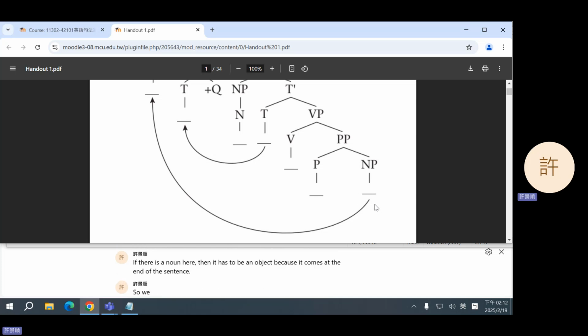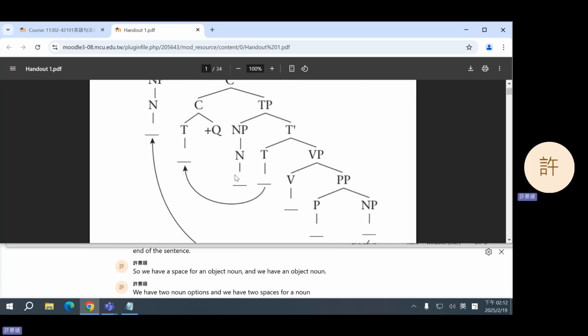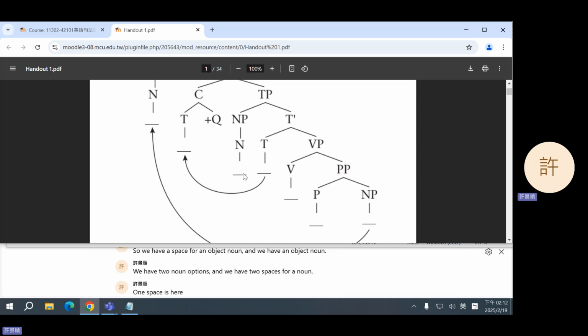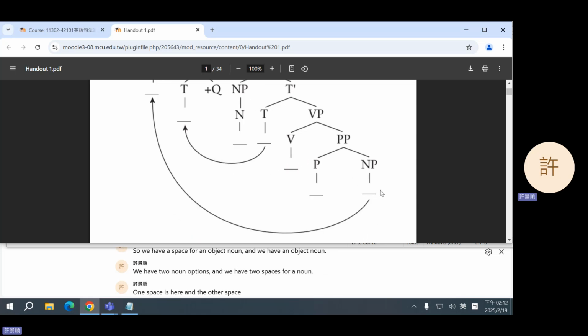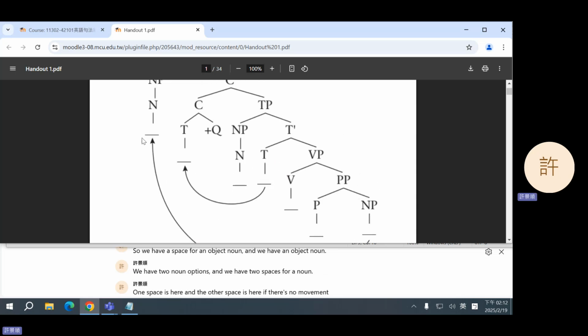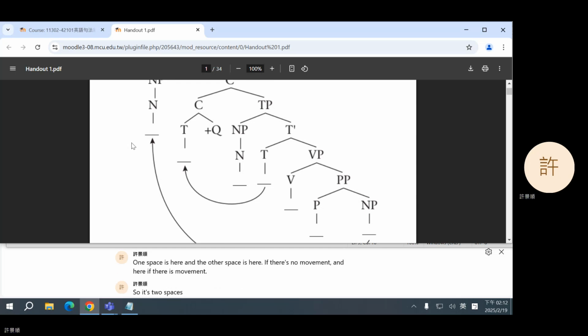So we have a space for an object noun, and we have an object noun. We have two noun options, and we have two spaces for a noun. One space is here, and the other space is here if there's no movement, and here if there is movement.